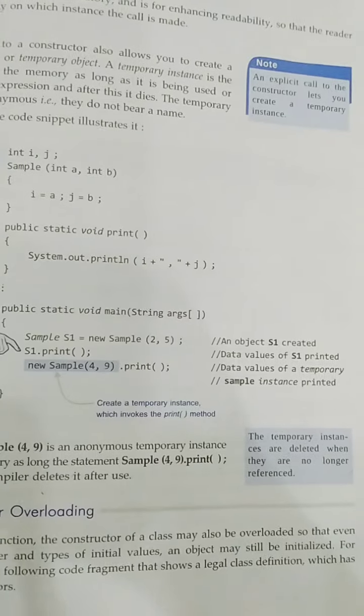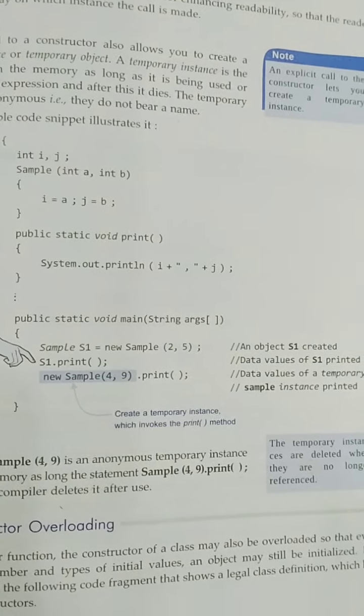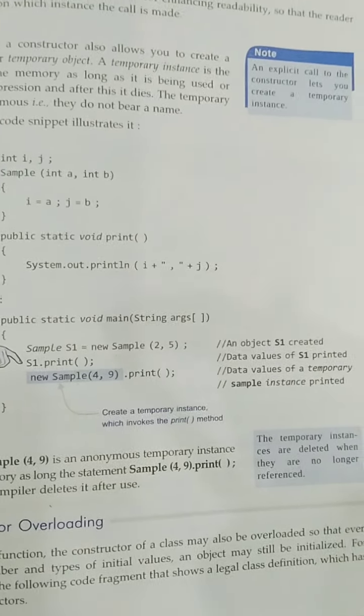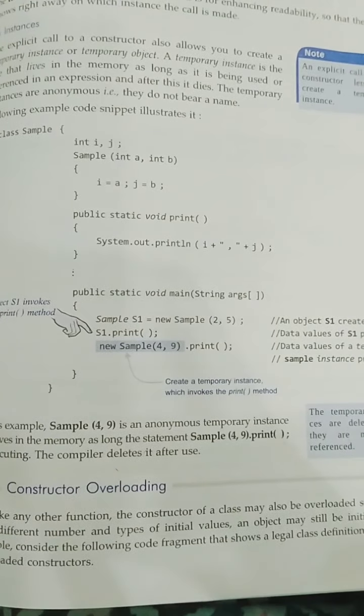Same here, constructor overloading means in a class there will be 2 or more constructors having the same name as that of the class but a different number of arguments and different types of arguments passed. That is, the signature will be different. That is the definition of constructor overloading.